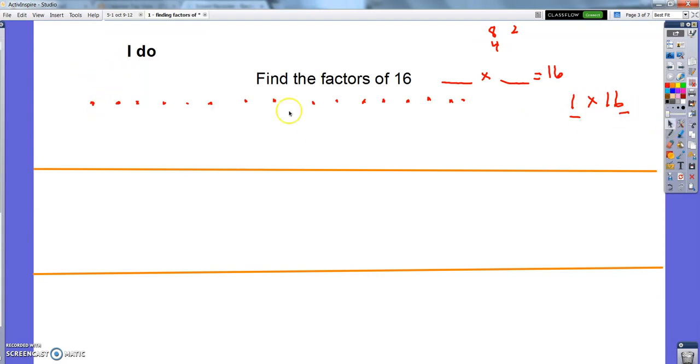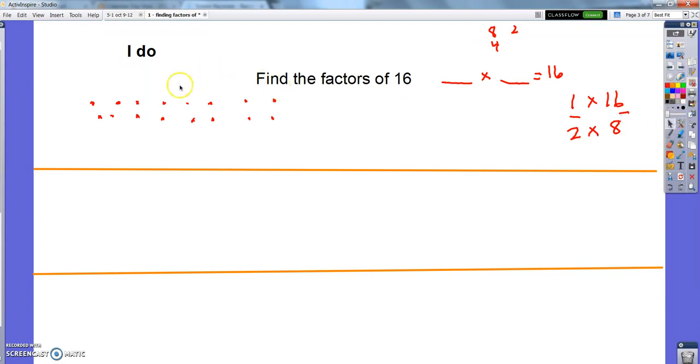If I try to build these into a rectangle with 2 rows, I think I can. I can build a rectangle that is 2 by 8, which means I know that 2 and 8 are factors of 16.